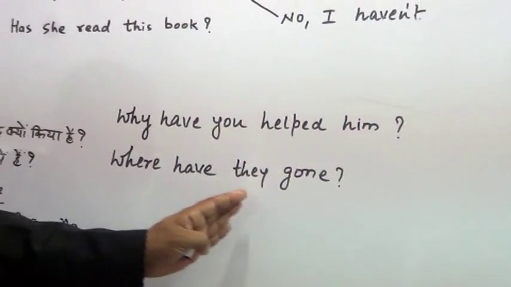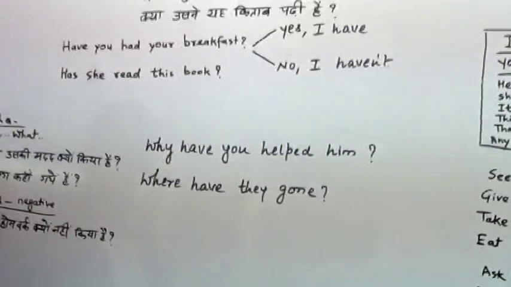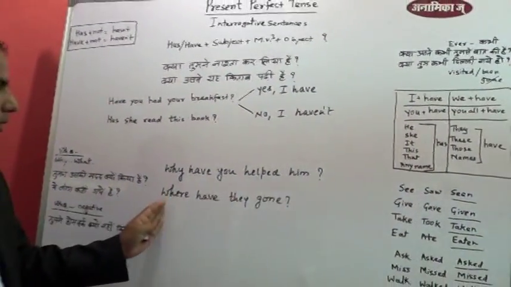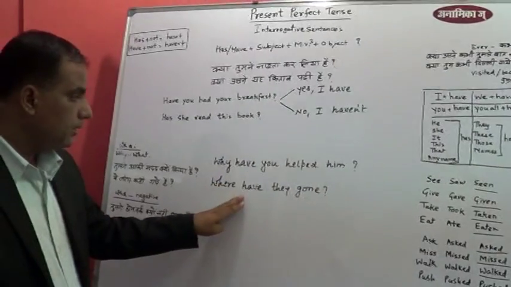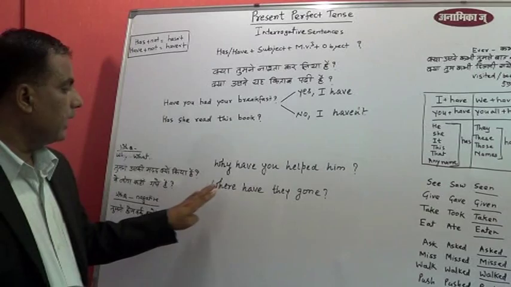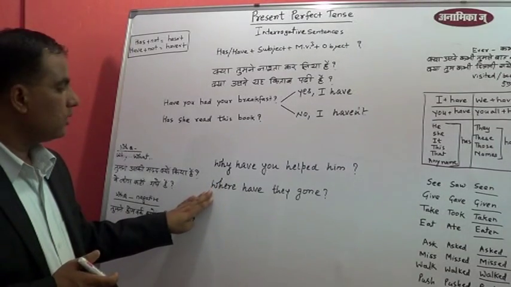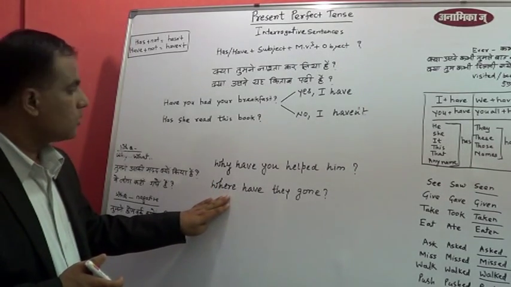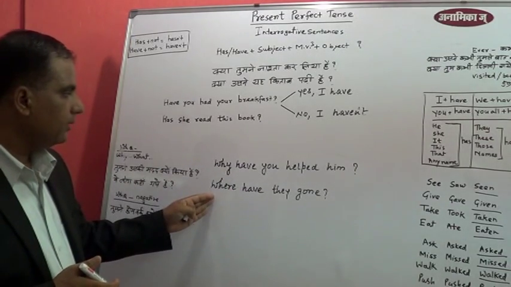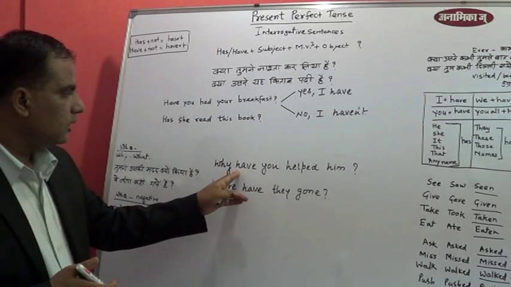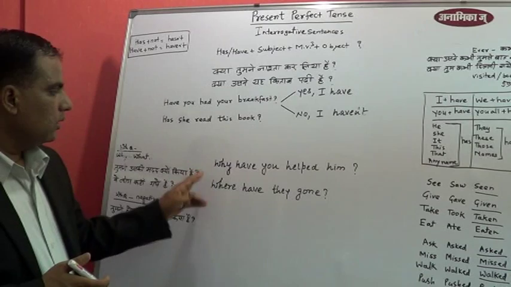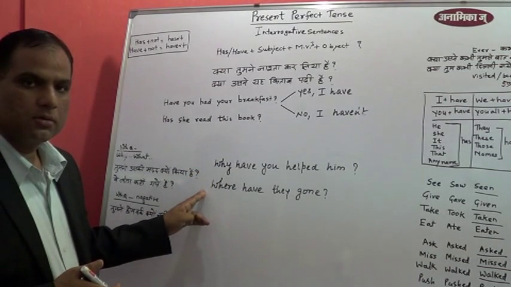Where have they gone? वे लोग कहाँ गए हैं? So again we need to know the place where they are currently. So that is why we have used where. So as you have seen, with the help of this why and where, we have changed this yes no question into a fact finding question.